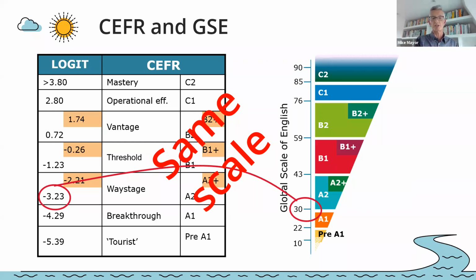So in the original research, minus 3.23 is exactly the same as 30 on the Global Scale of English, which is exactly the same as the very beginning of A2. So I'm sure you'd agree, telling a student that they're minus 3.23 is not terribly motivating, which is why we have this positive scale from 10 to 90.